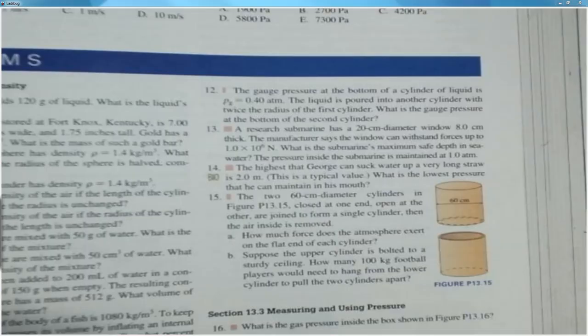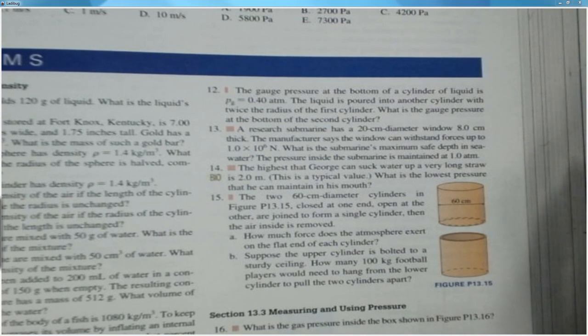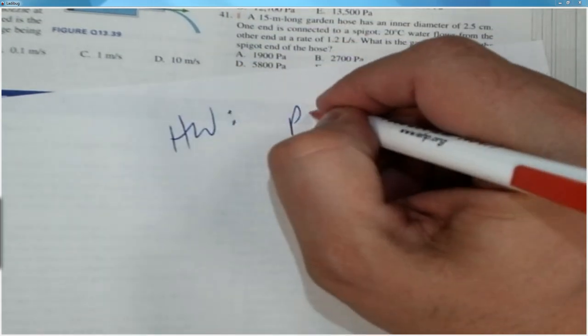Let's give you a homework assignment. This will be due tomorrow. This is your homework for AP Physics 2, page 427.